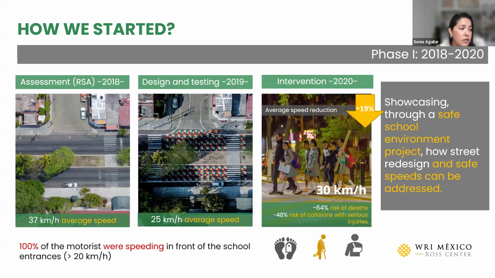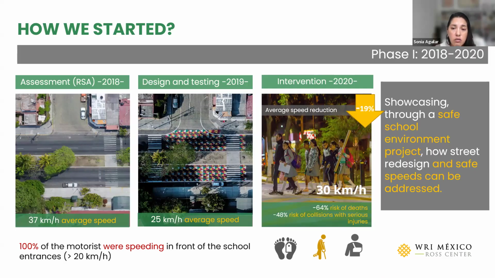Through these studies, we could document the behavior of motorists, and we also developed traffic counts, cycle counts, and pedestrian counts. It's very important to visualize pedestrians around this type of project, and we identified that 6 out of 10 pedestrians were children during peak hour.